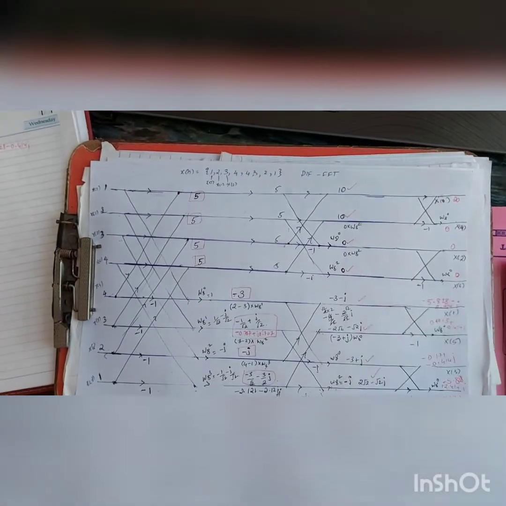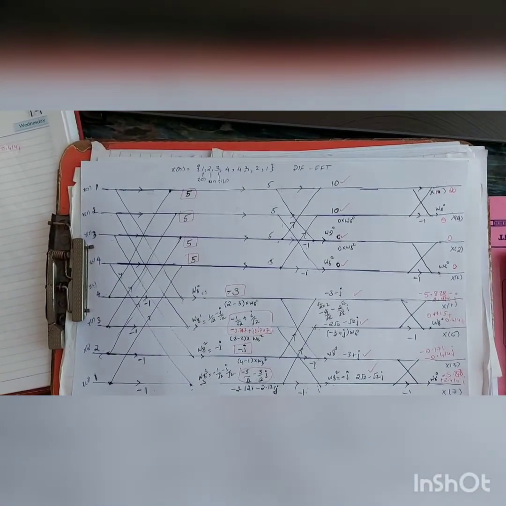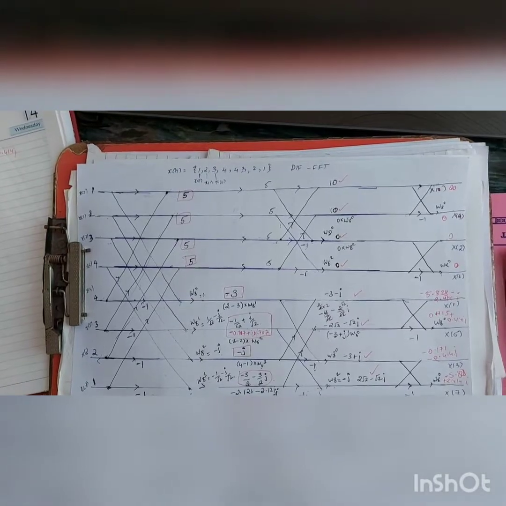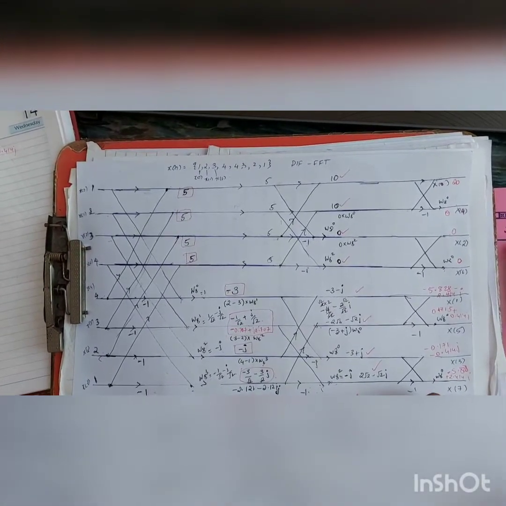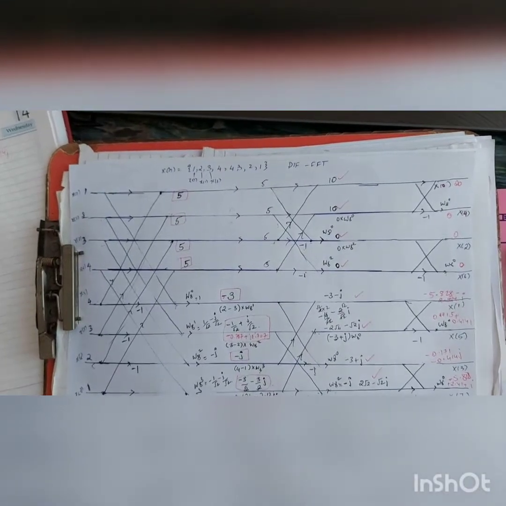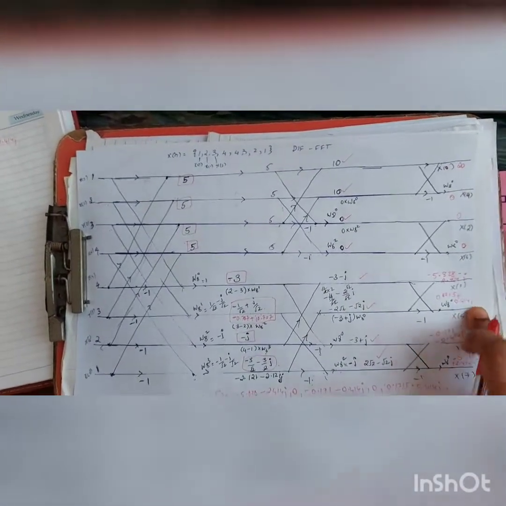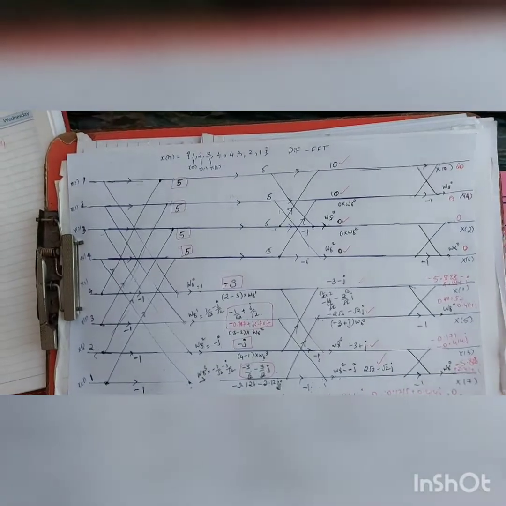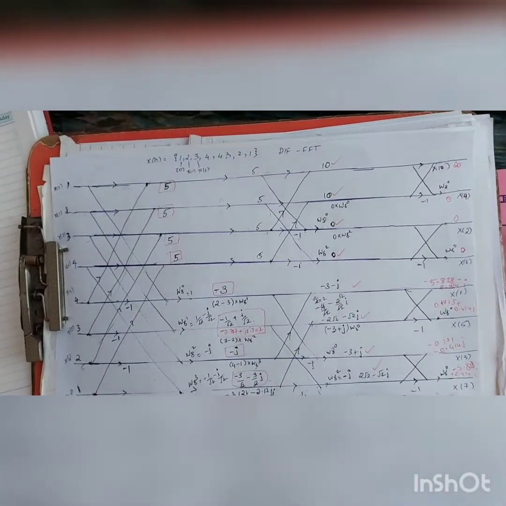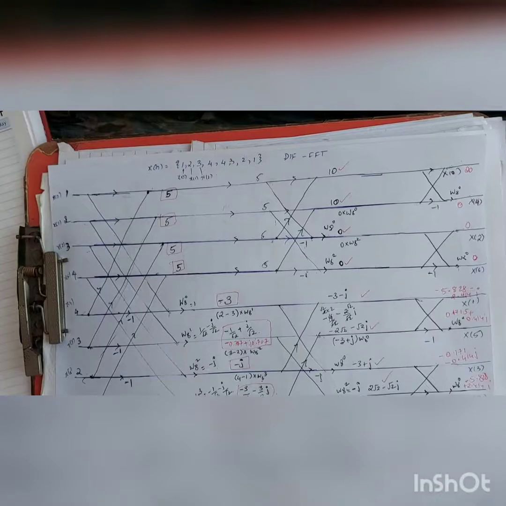and x of 0, 1, 2, 3, 4. I need x of 5 now. X of 5 is plus 0.1715 plus 0.414j. So x of 6 is 0. X of 7 is minus 5.828 plus 2.414j.